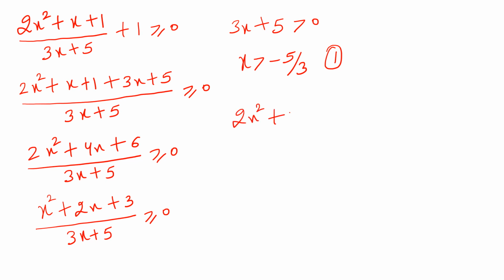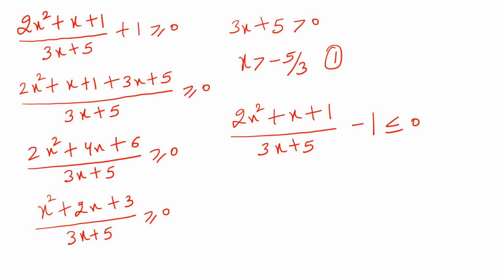Now we consider the second part of the main inequality, and that is (2x square plus x plus 1) whole divided upon (3x plus 5) less than or equal to 1. So just bring 1 onto the left hand side. It becomes minus 1 less than or equal to 0.